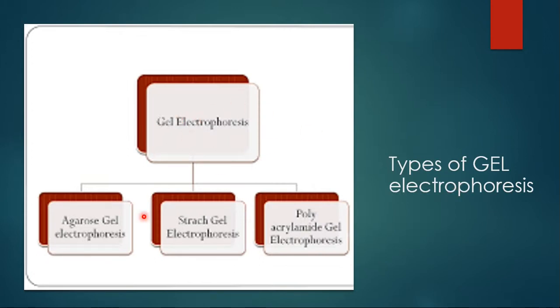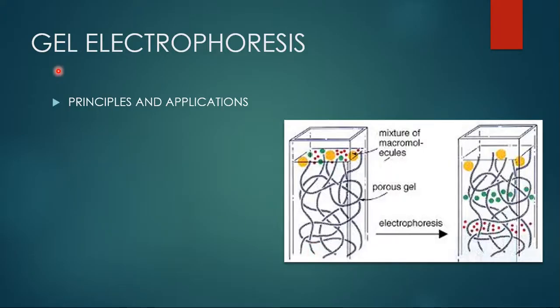Gel electrophoresis is again of three types, depending upon the type of gel that we use: agarose gel electrophoresis, starch gel electrophoresis, and polyacrylamide gel electrophoresis. Now, gel electrophoresis, its principles and applications.